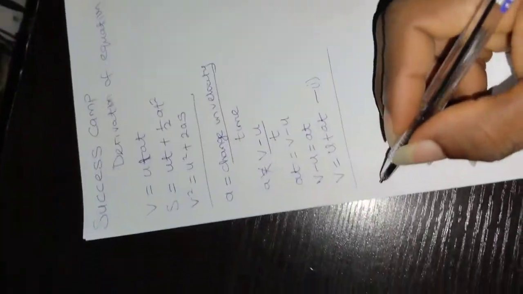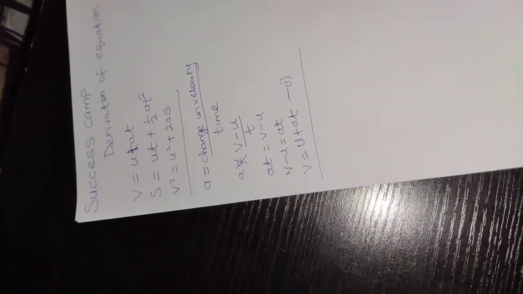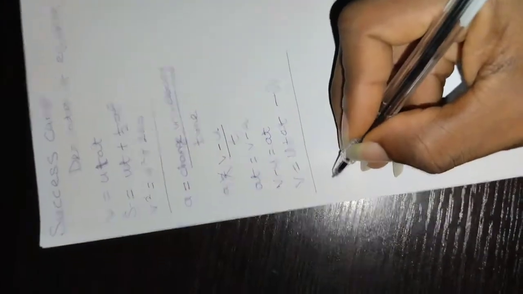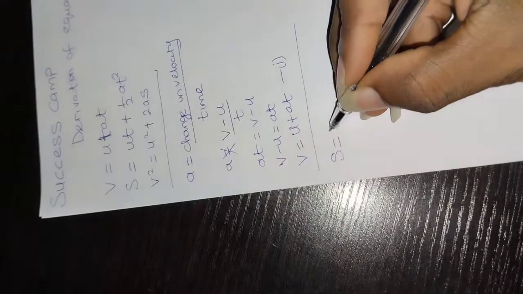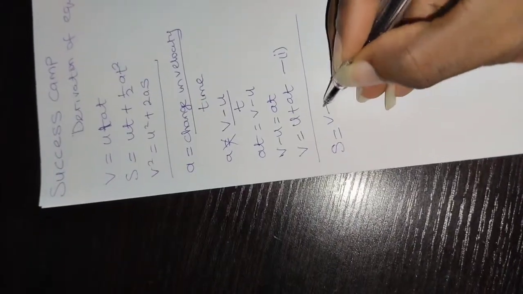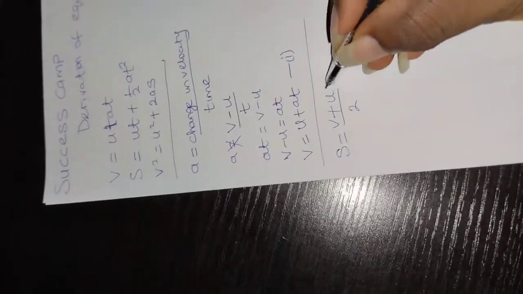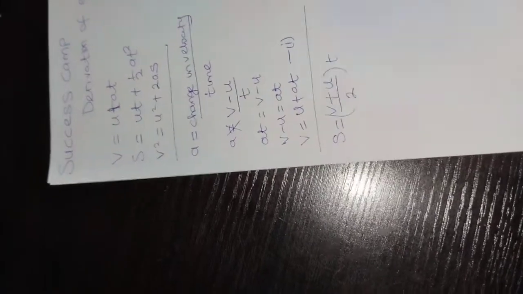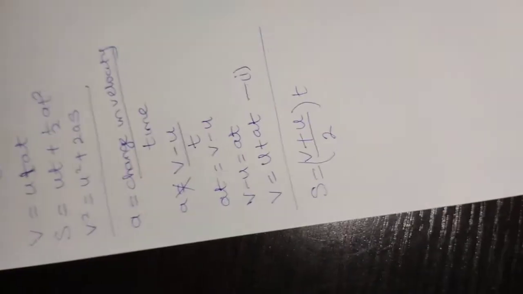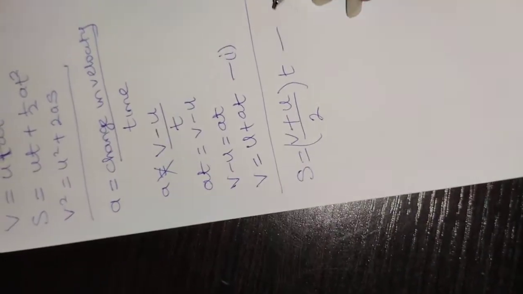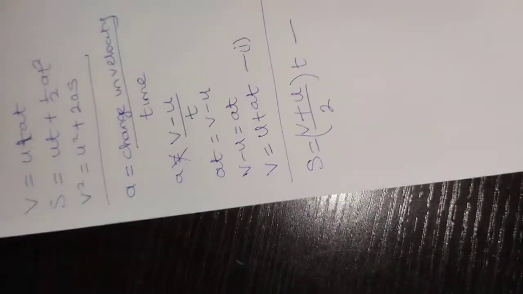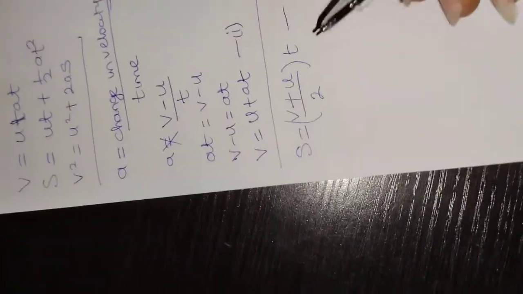This is not actually being derived, but it is useful to help with our next equation of motion: s equals v plus u over 2, in brackets, multiplied by t. We will need this equation to derive the next equation. This is actually the average speed.